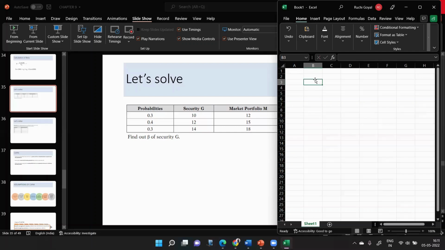Okay. Now let's solve this question very quickly using Excel. Just writing down the probabilities. This is the return from security G, and this would be the return from the market portfolio.